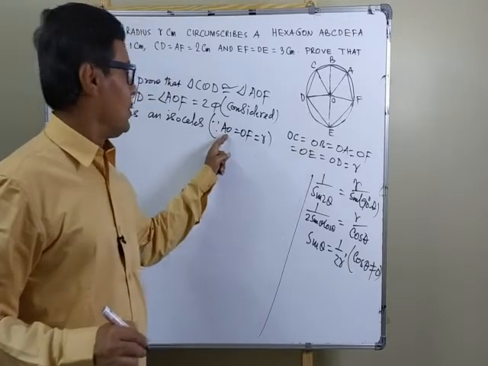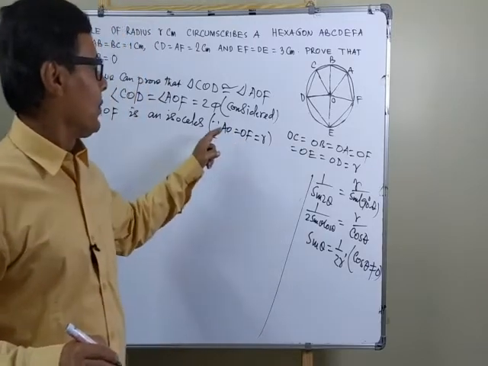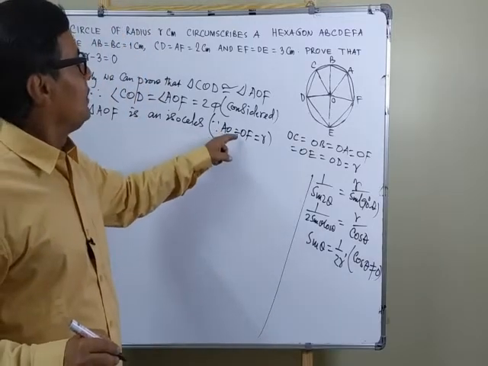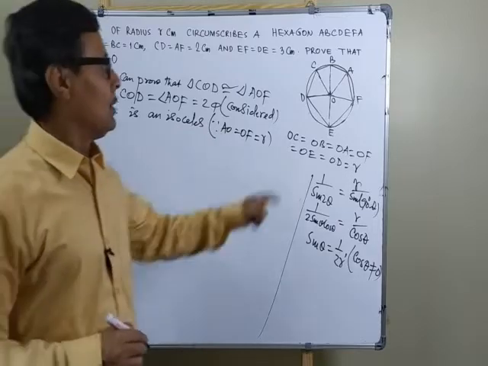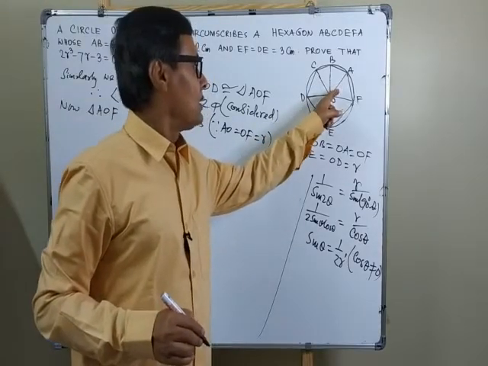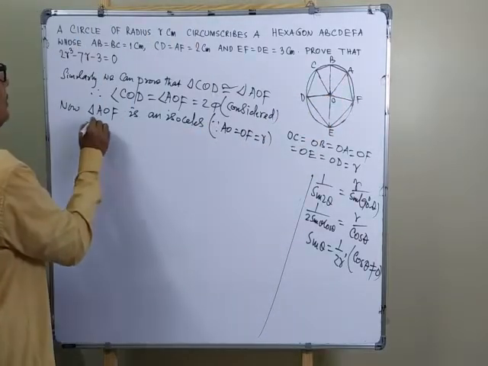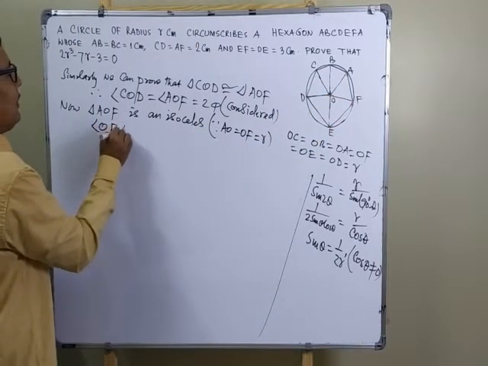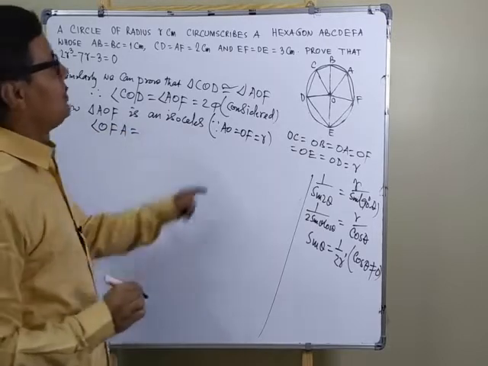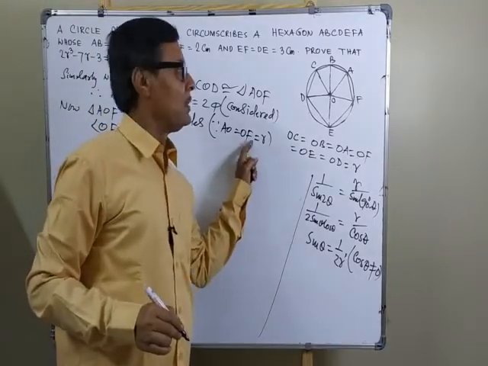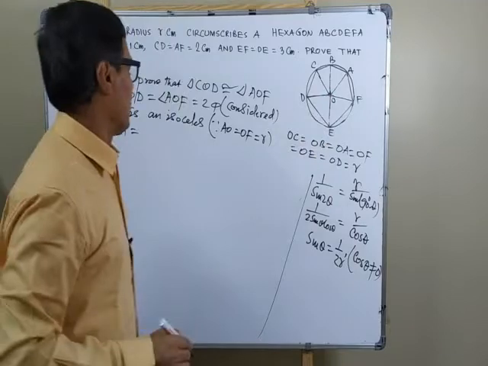As AO is equal to OF, the opposite angles of these two sides are also equal. The opposite angle of the side AO is OFA, and the opposite angle of the side OF is OAF.